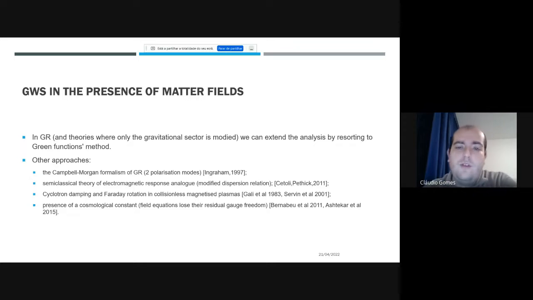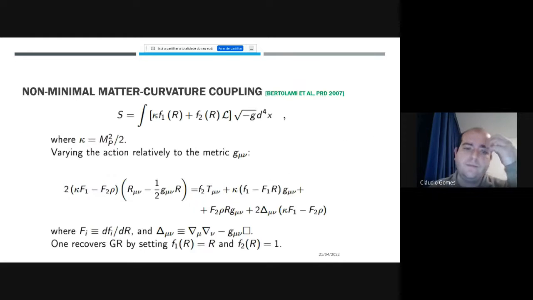Okay? So these are the effects when we introduce matter fields or a cosmological constant, which could be seen in general relativity in an equivalent way, either as a kind of integration constant or as arising from the energy-momentum tensor. But if we introduce a cosmological constant, we lose the residual gauge freedom.